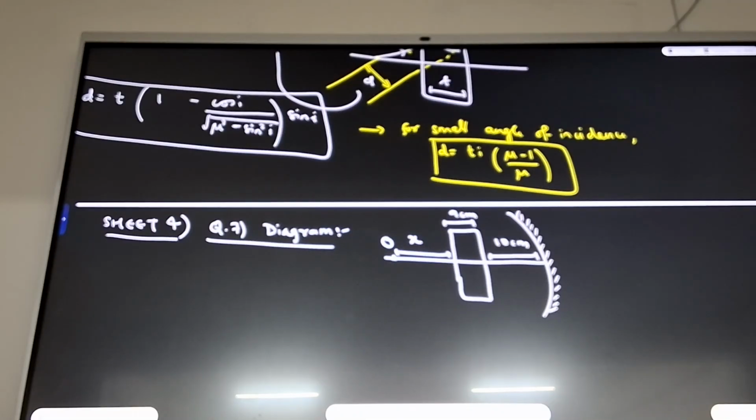Option A is what? How many centimeter? 20. Incorrect. 24 is correct.